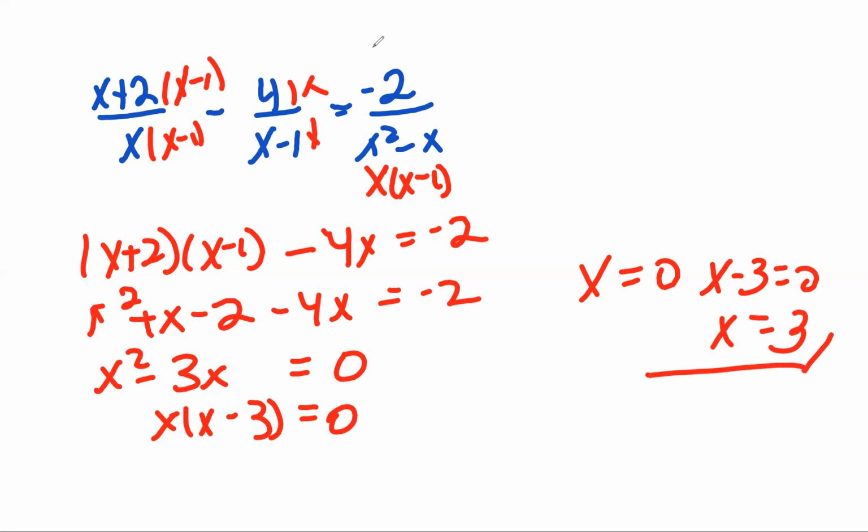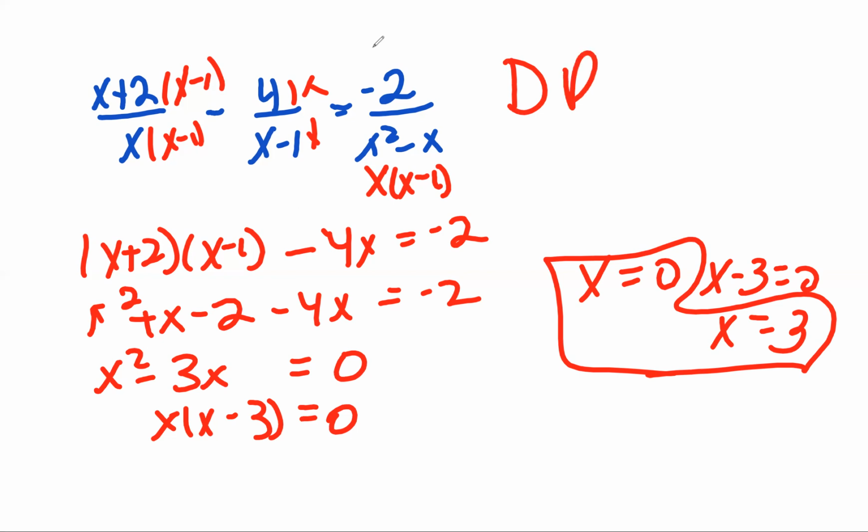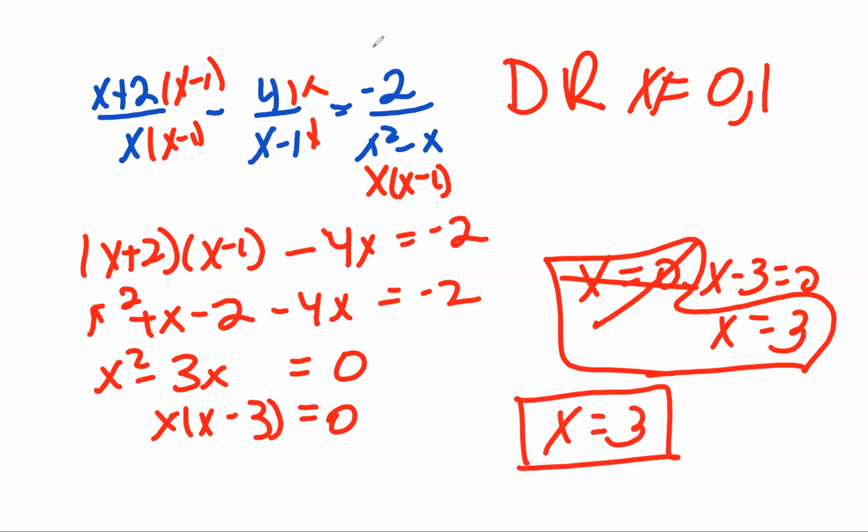So I would have two answers, but wait, we forgot to do the domain restriction. What is the domain restriction? X cannot equal 0 or 1. There's 0, that's extraneous, so my only answer is x is equal to 3.